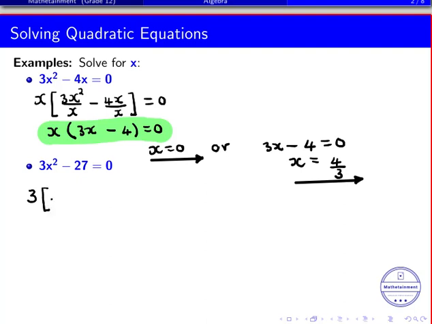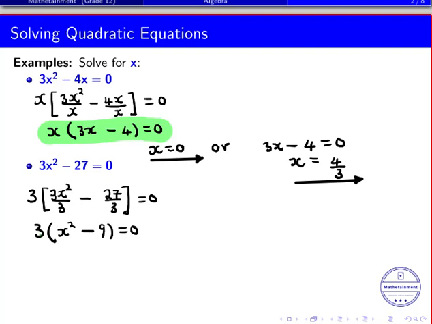And what remains inside, we are going to have 3x squared divided by 3 minus 27 divided by 3 equal to 0. So now we have 3 into 3x squared over 3, that is the same as x squared, minus 27 over 3, we have 9, equal to 0.